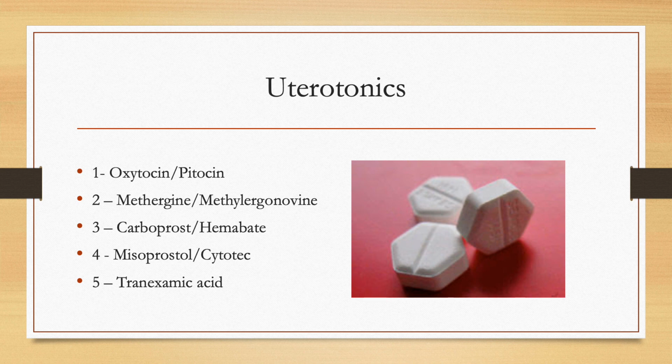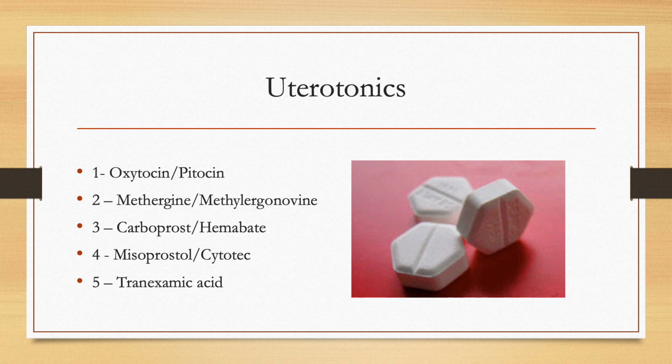Okay, so oxytocin is basically our first line of defense as a uterine stimulant. At doses greater than 40 units, it'll be likely to be ineffective and may lead to hyponatremia. Please take note of that. Methergine, okay, should never be given IV. Please note that.